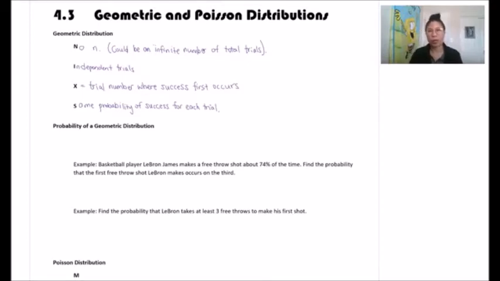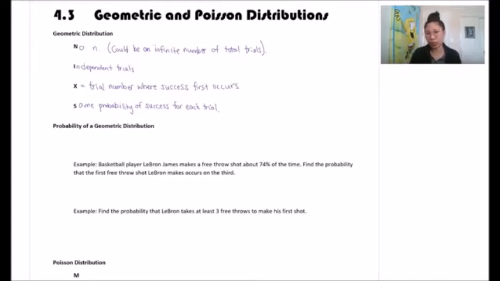So the first one I want to talk about is the geometric distribution. The main difference when we're talking about geometric distributions is that they're not going to give you an n. Remember, n in binomial stood for the total number of trials, and there had to be a set number. Well, in geometric, there is not. You can actually have an infinite number of trials in total.